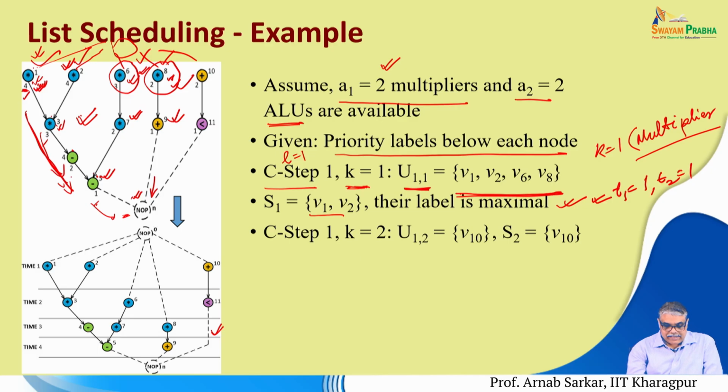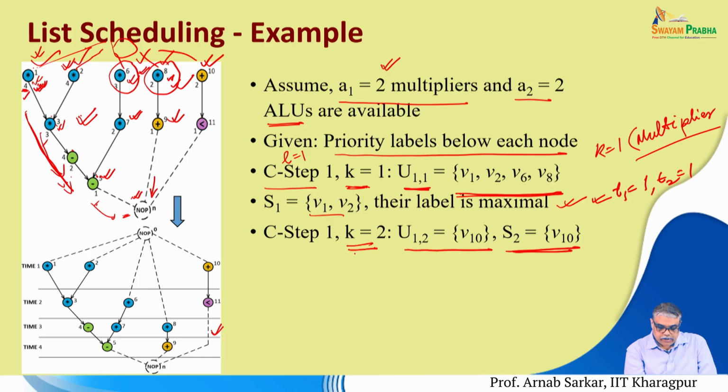Now, we come to the next type in the iteration. For k equals 1 we have done, now we do for k equals 2, we have 2 types of resources, multipliers and adders. So, how many available candidate operations do we have for the addition operation? We only have one, which is V10, this is ready to be scheduled. So, U12 is 2 and therefore, S2 is also 2.